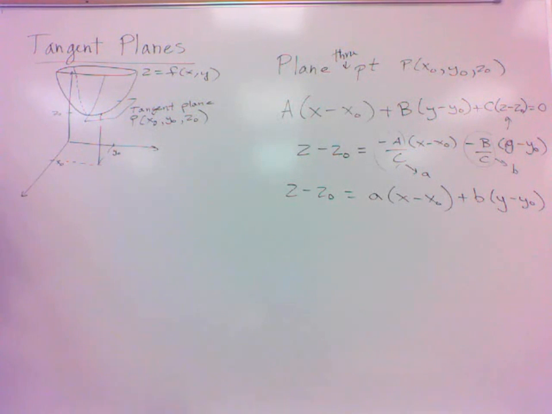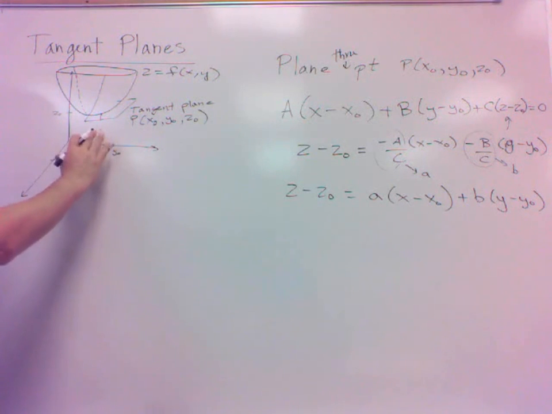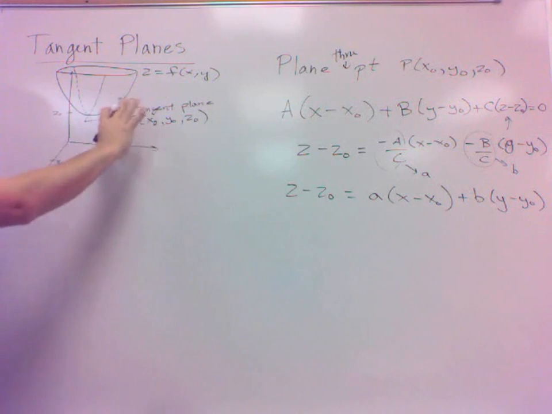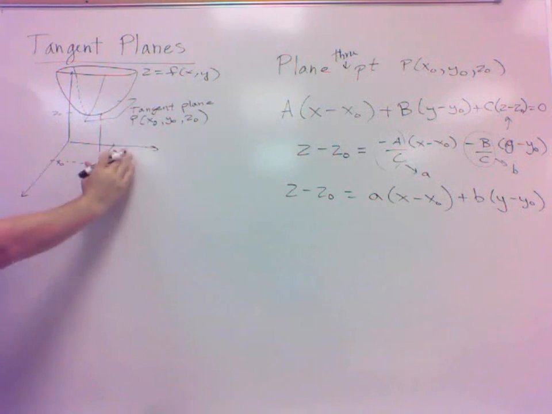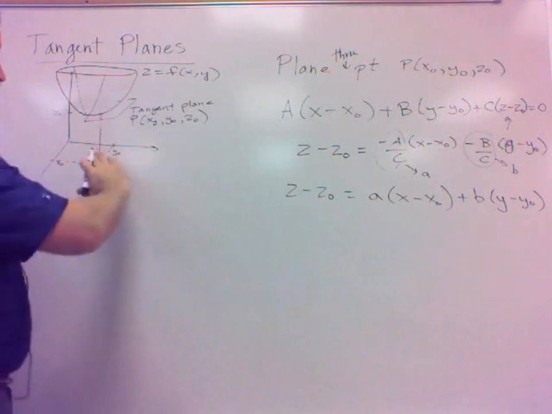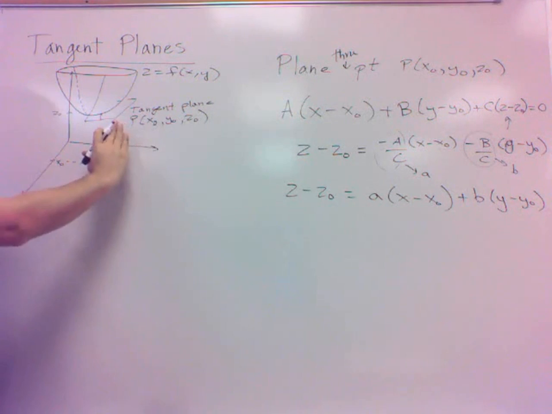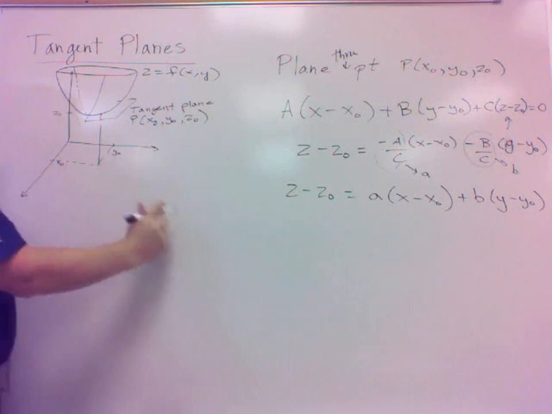Gives me a tangent line, in essence the slope of the tangent line. So the partial derivative with respect to x gives me the tangent line at where? For constant y0. Okay, so it's basically you're intersecting with the plane y equals y0.